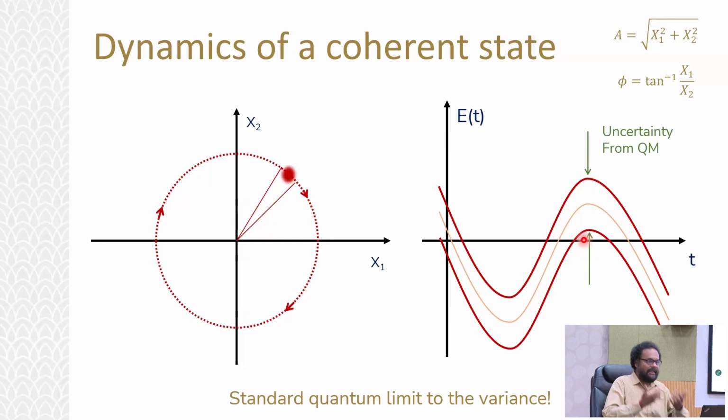Because at a foundational level, light is quantum mechanical or can be treated as quantum mechanical. And because of that, you cannot measure, for example, the amplitude or the phase of the electromagnetic field beyond a certain limit in the variance. Okay, that is the standard quantum limit, sometimes also referred to as the shot noise limit. Everybody okay with that definition?